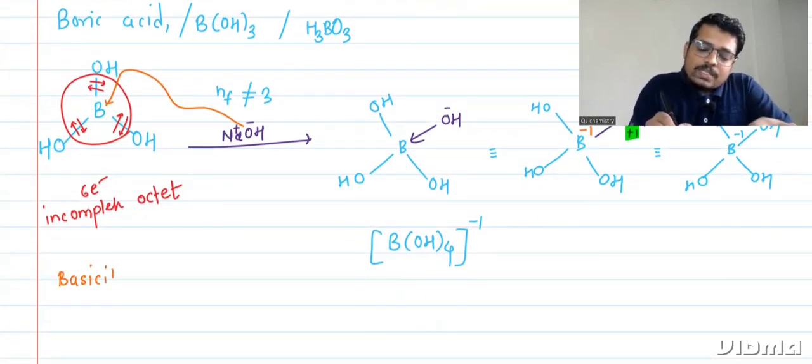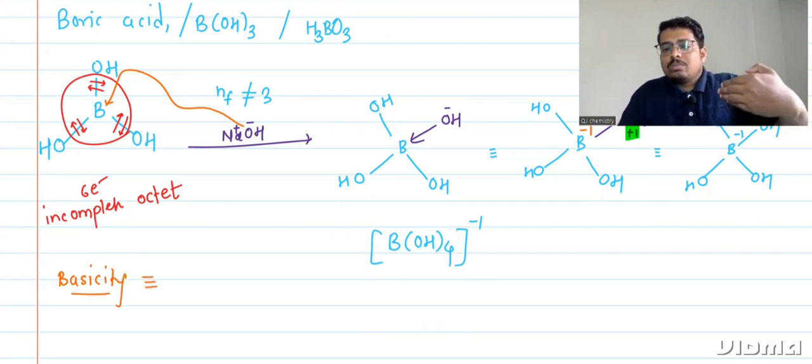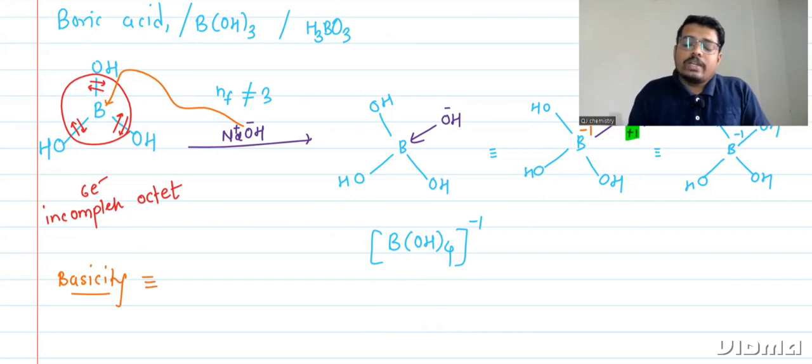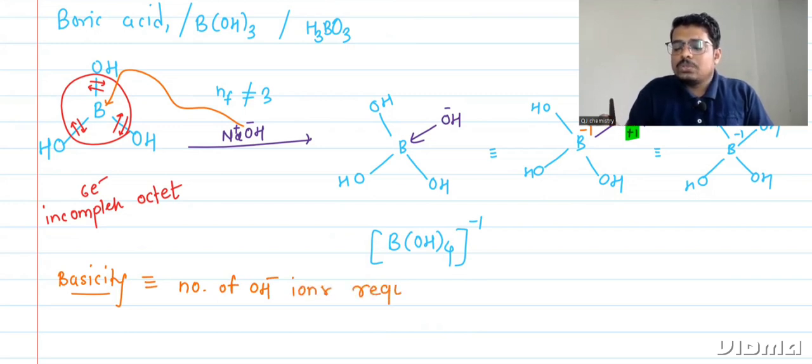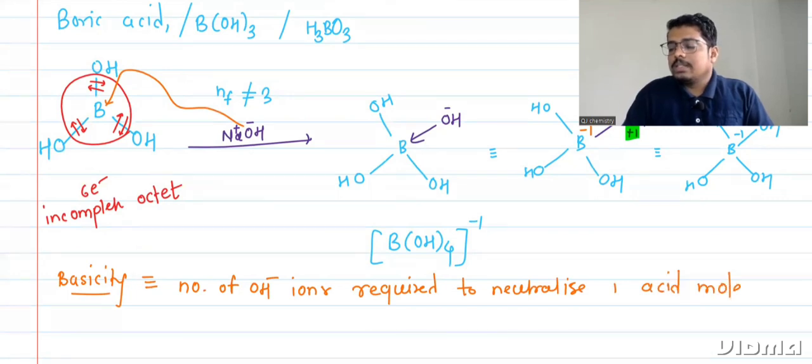We know that basicity is the number of replaceable H plus ions, and the basicity of an acid is also defined as the number of OH minus ions required to neutralize one acid molecule.